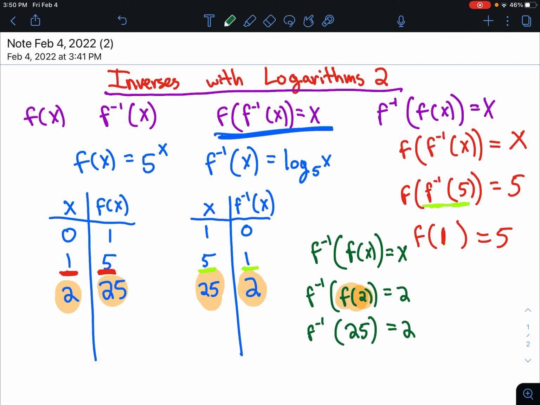Okay, so now let's take a look at some properties or some forms that we might see this in the problems that we do. So if I have 5 raised to the power of log base 5 of x, this is going to equal x, so long as, well, actually we don't even need to think about our functions.